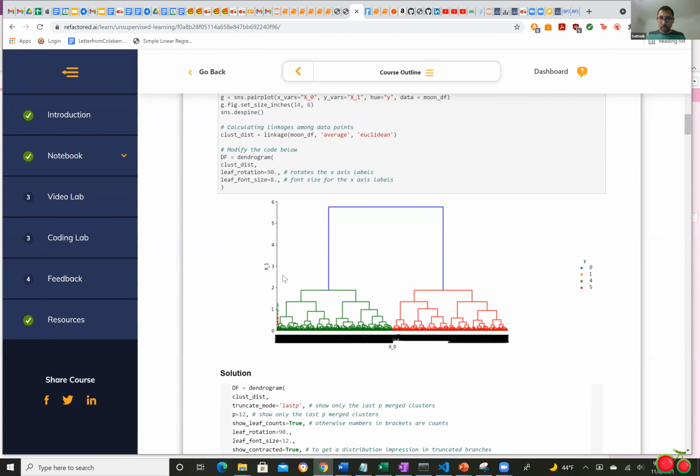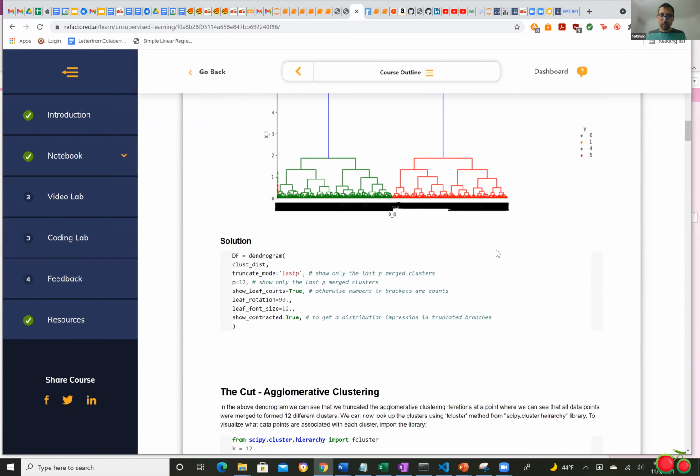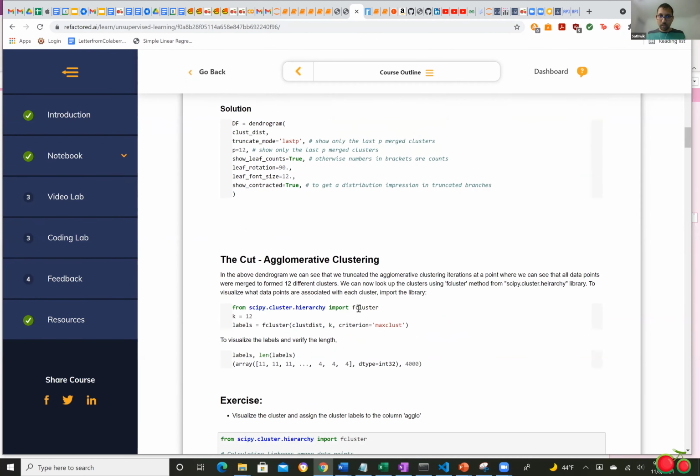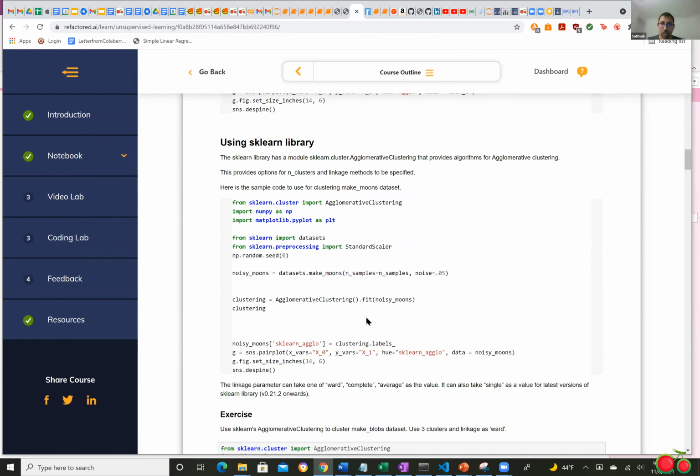Again, here it shows that the longest uninterrupted lines are here, and 2 is the optimal number of clusters. I'll come up with a better visualization next class, so we can discuss that. So let's get back in next class again.